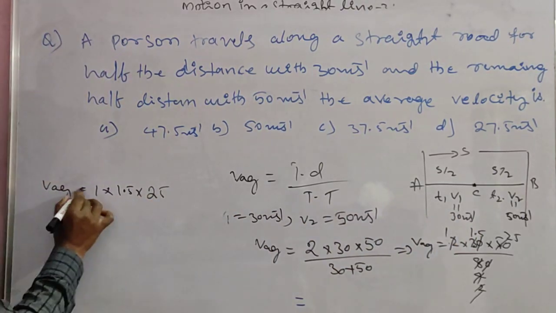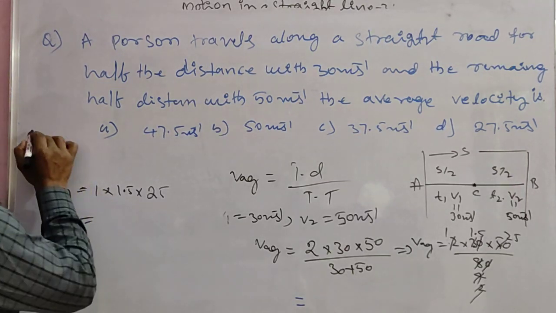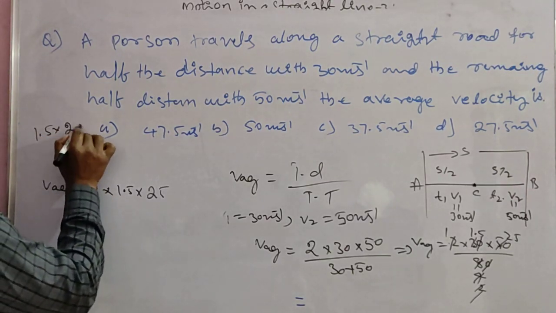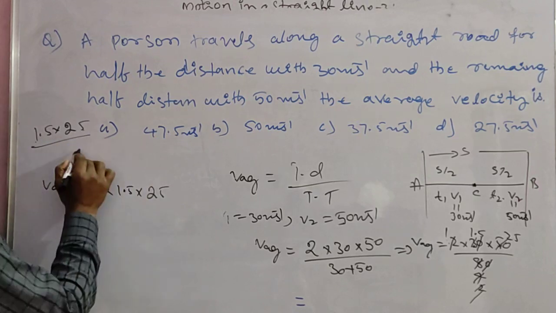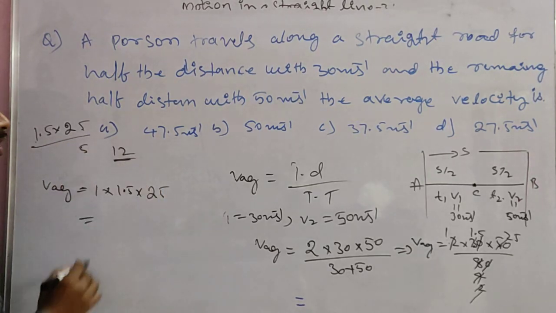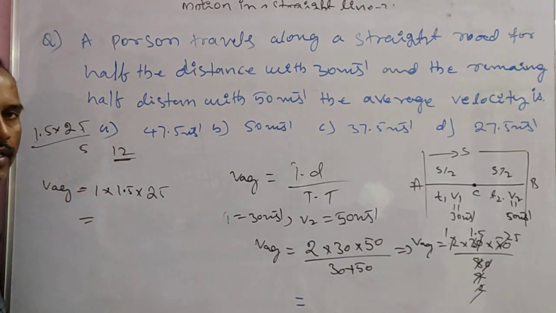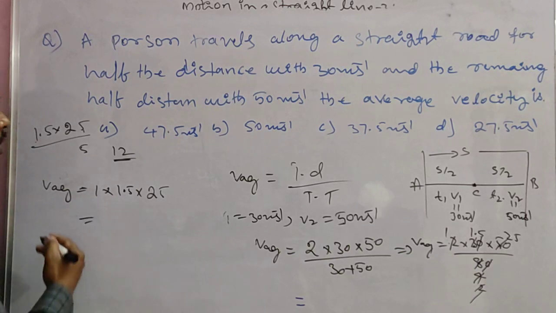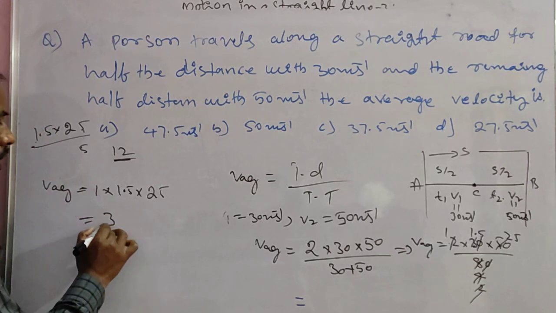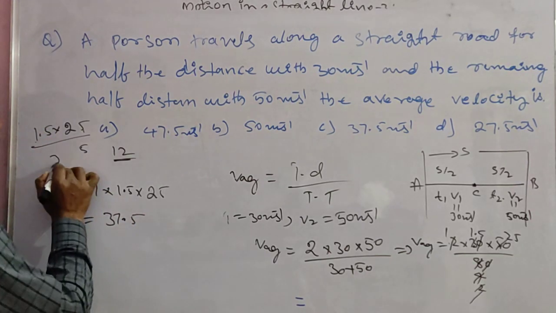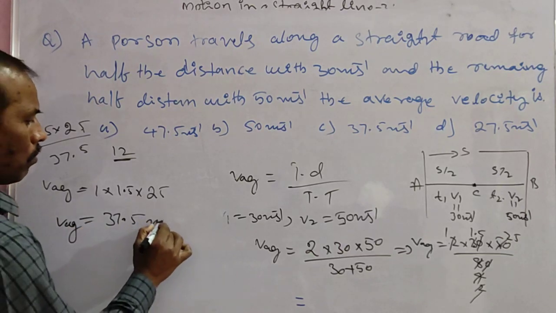So 25 fives are 125, 1.5 into 25, that is equal to 25 plus 12.5, that is equal to 37.5. Okay, this is the average speed in meter per second.